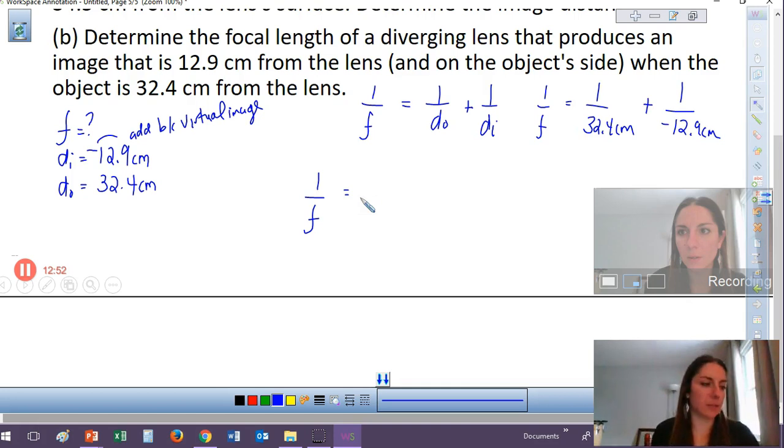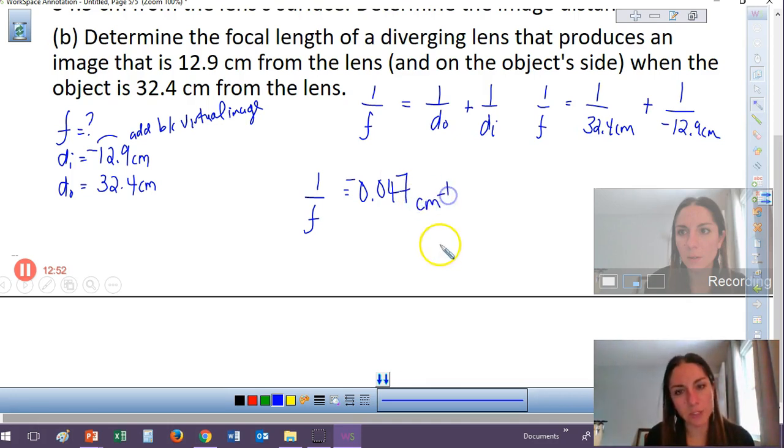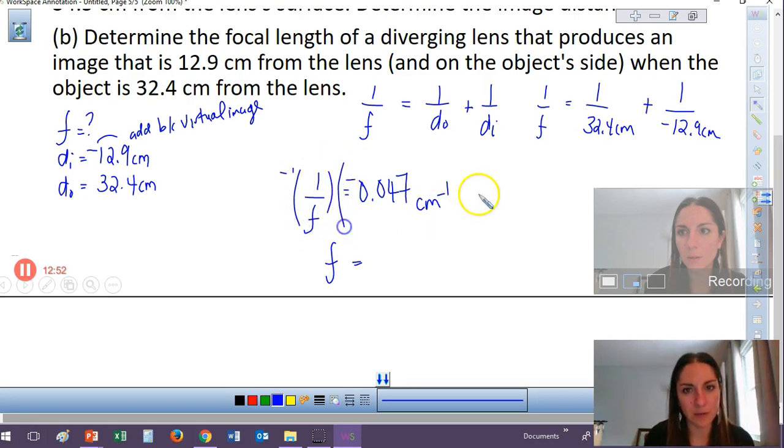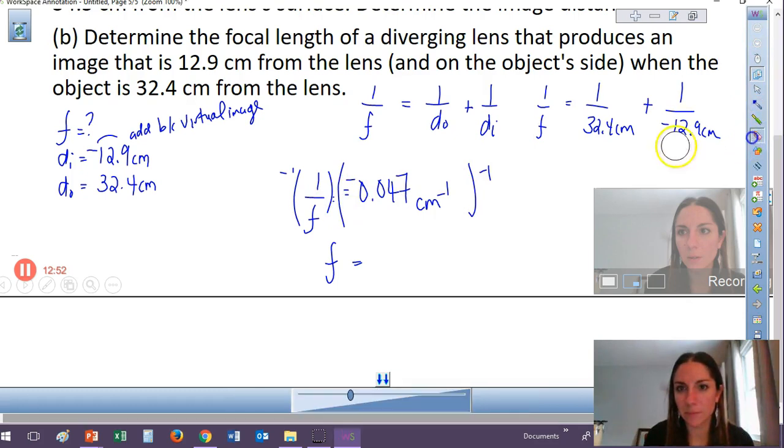When I do that, I get negative 0.047. I'm purposely writing it out now. The negative is a good sign. This is actually inverse centimeters. Now remember, I have to take the inverse of both sides to get f by itself.